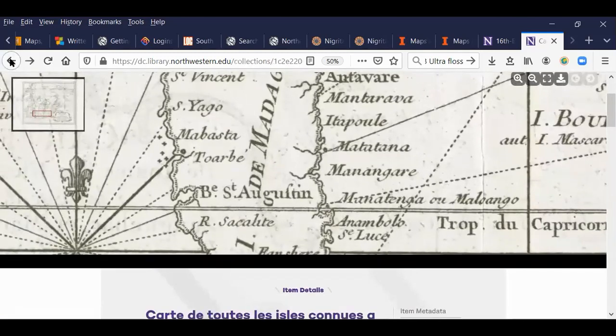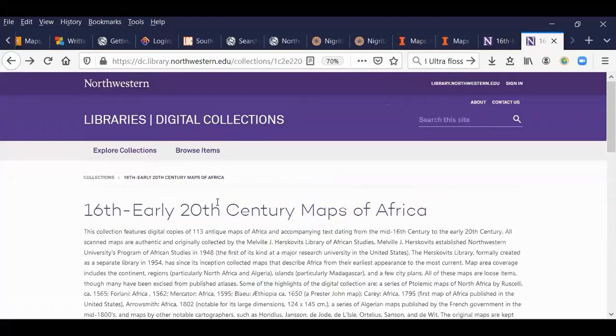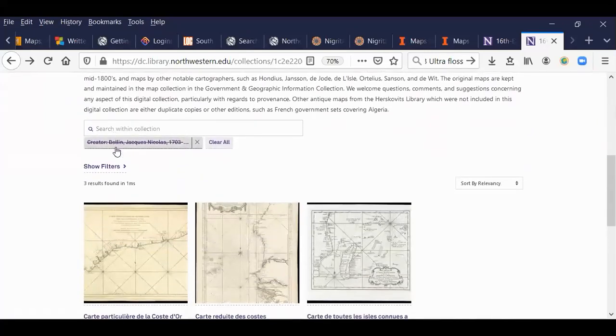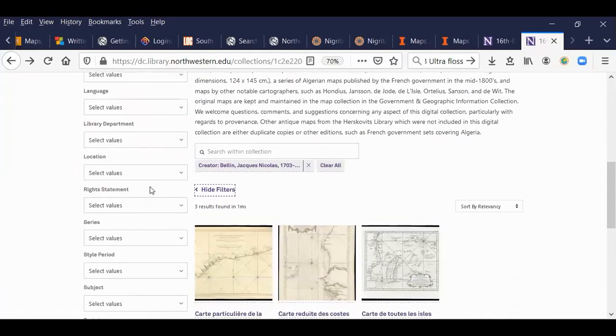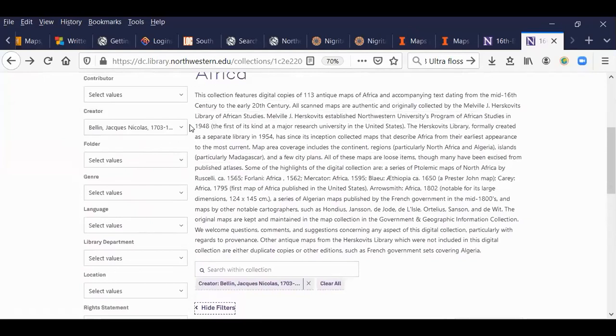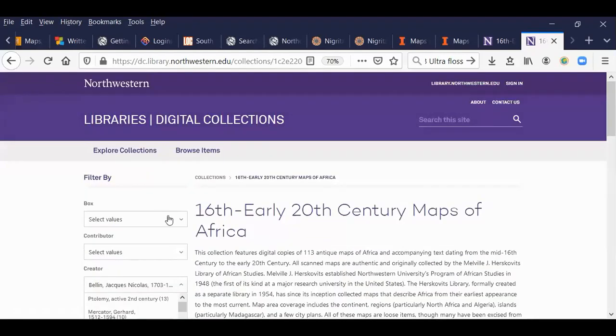Maps like this enable you to look back in detail at this whole period and these particular individuals. So look for the filters, look for the different maps of origin, that is, the different creators of these maps. And you'll see some very interesting material represented in the Northwestern University Library.